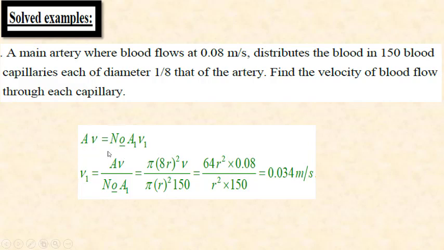So the velocity V1 will be A V over the number times A1, with area pi r squared: pi 8 r squared V over pi r squared times 150. By calculating, it will be 0.0434 meter per second. Okay, it's very slow.